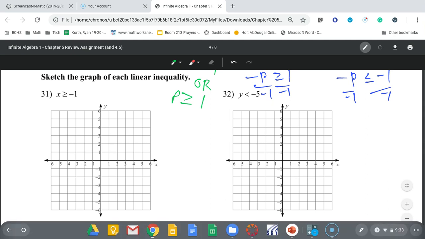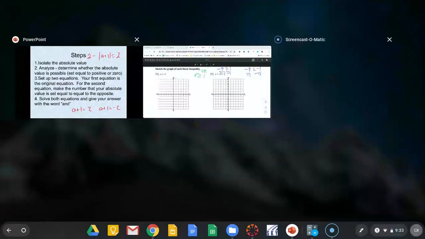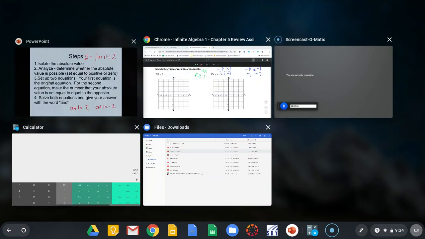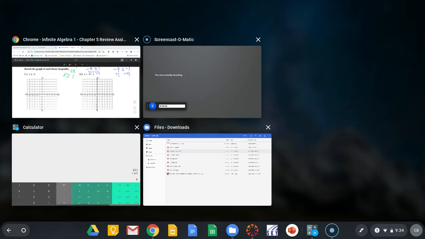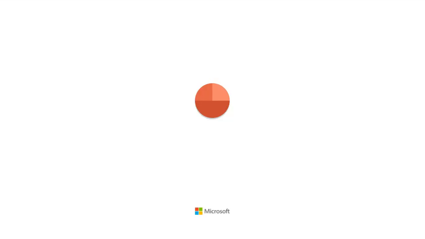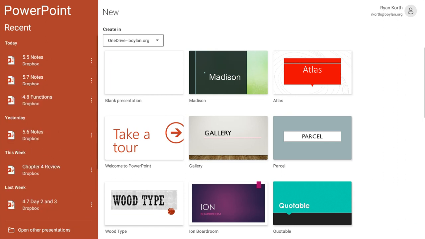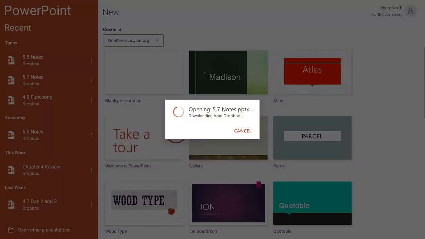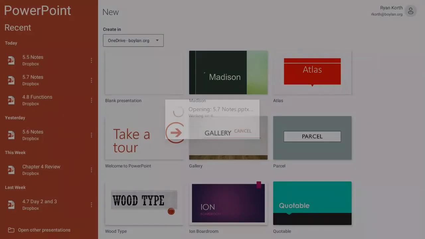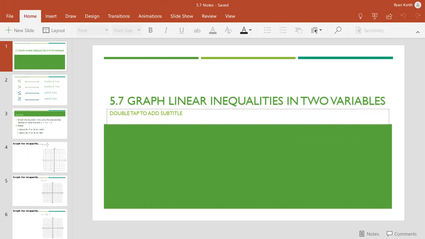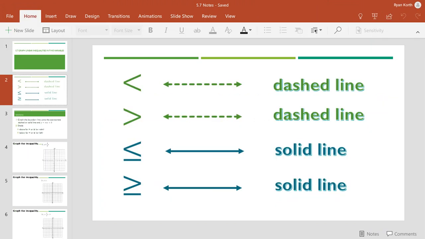Just quickly. Okay, less than, greater than, dotted lines or dashed lines.